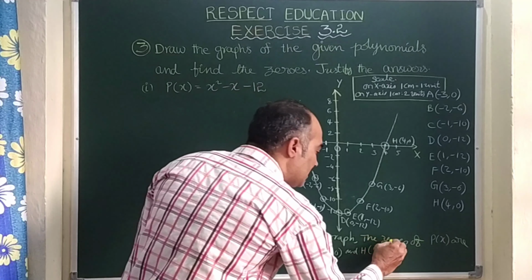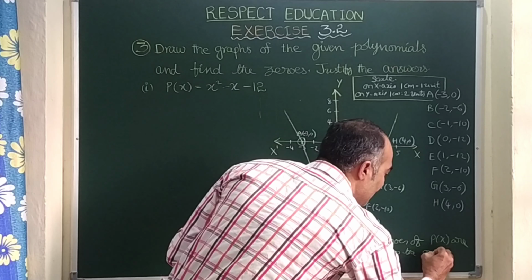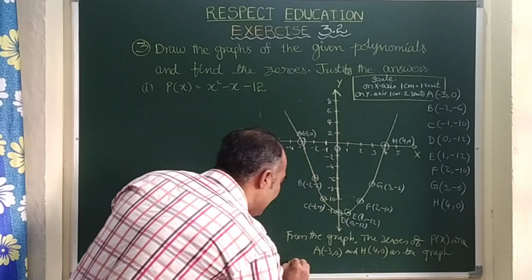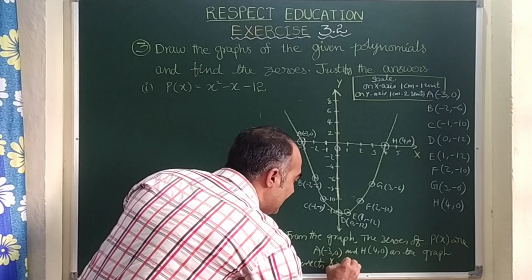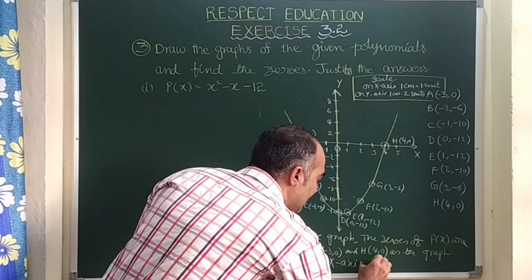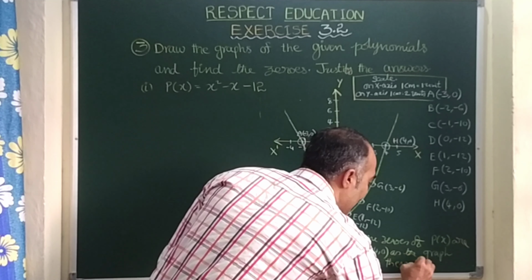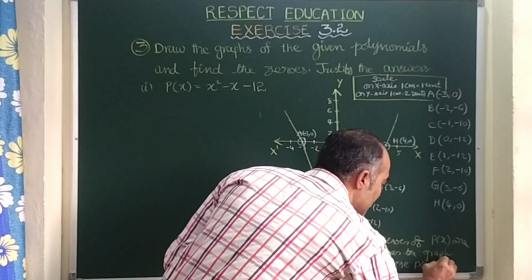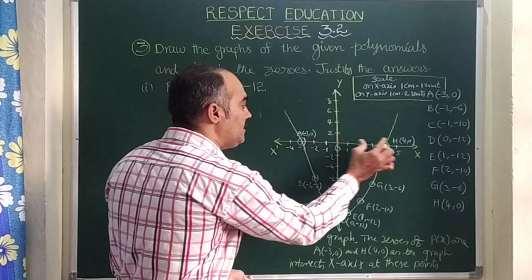If at all you want, you can write the reason also. As the graph intersects the x-axis at these points. So finally from the graph we came to know that these are the zeros.